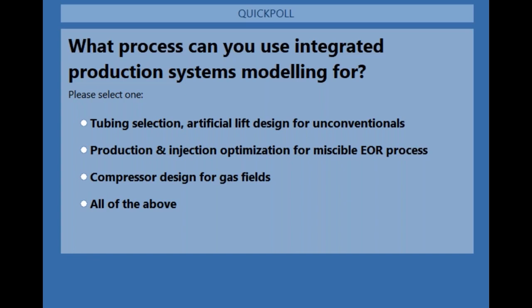Which is very, very intuitive, because the production engineers and those set of engineers focus on the wellbore and flow assurance part of things.